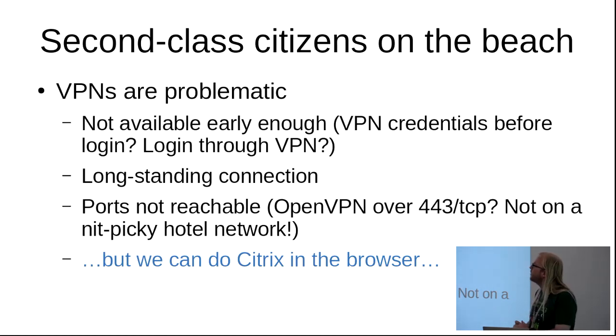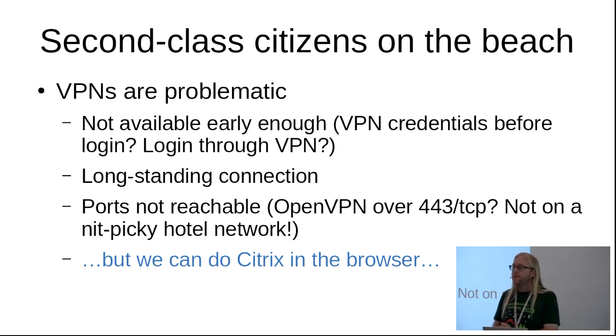They might not be available early enough because, we want to log in on a device, and if everything works badly, then we need credentials to get into the VPN, to use credentials to log in. We have long-standing connections.